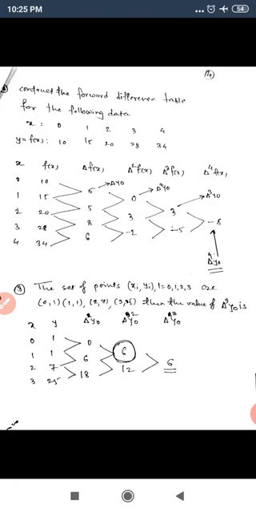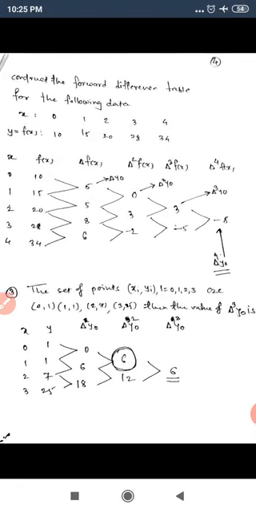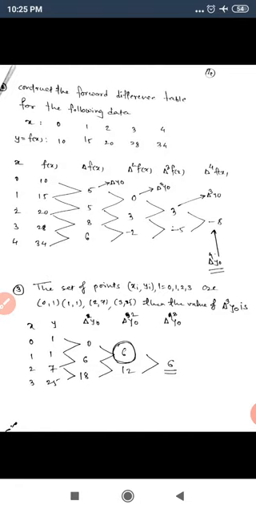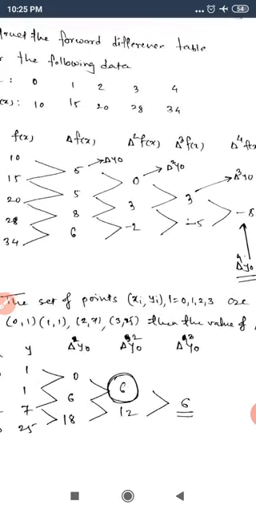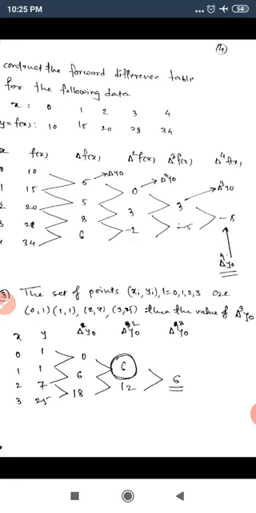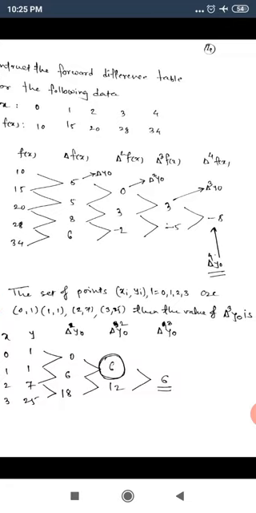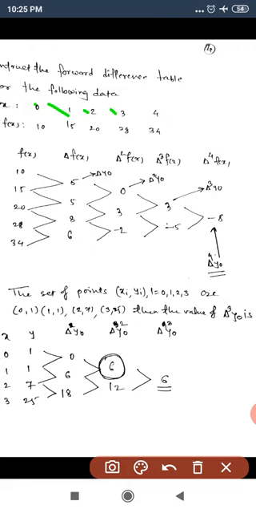Construct the forward difference table for the following data. Here some data value is given. Values of x are 0, 1, 2, 3, 4, and values of y are 10, 15, 20, 28, 34. So values of x are x0, x1, x2, x3, x4, and the values of y, y0, y1, y2, y3, y4.